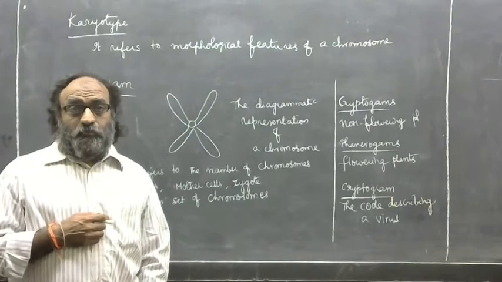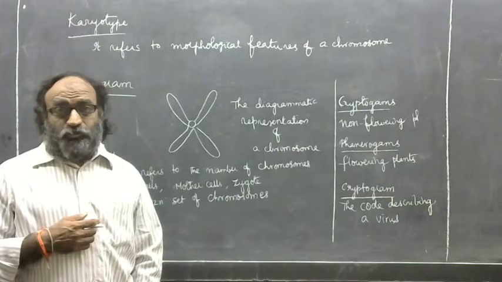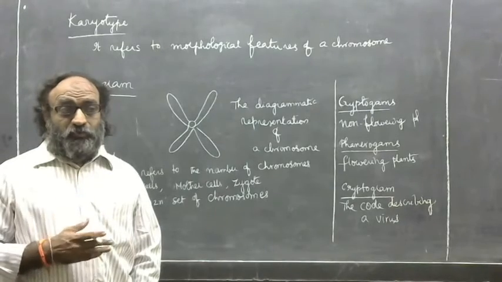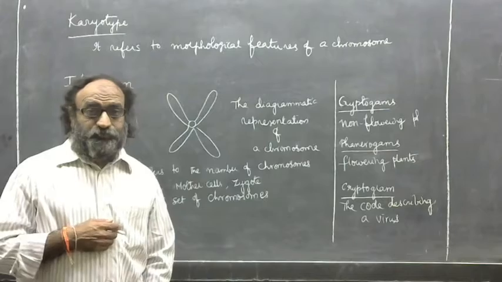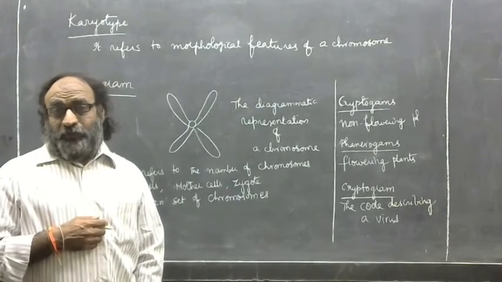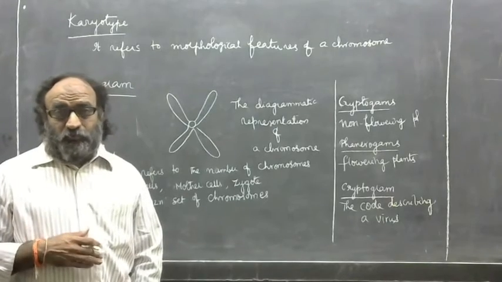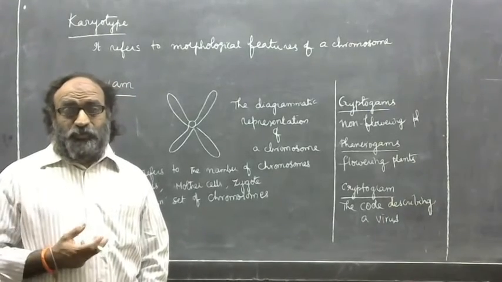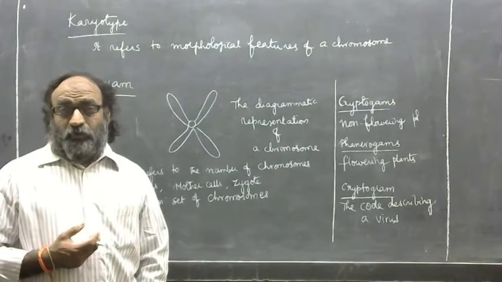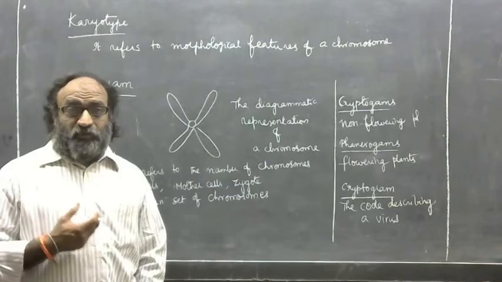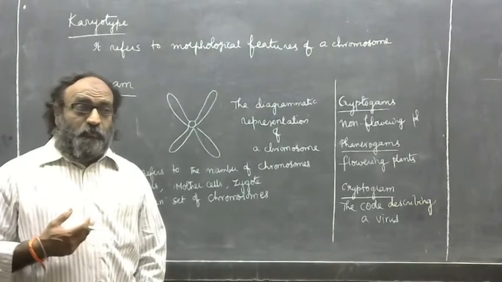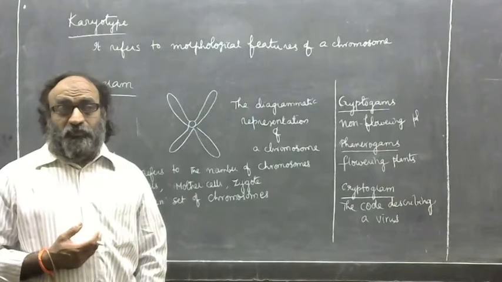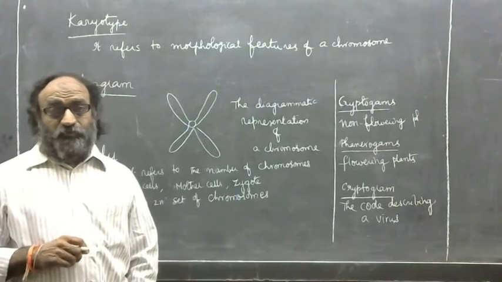When Drosophila, which is also called the fruit fly, has 8 chromosomes, it is a 2n set of chromosomes. When the garden pea plant has 14 chromosomes, it is a 2n set of chromosomes. I have given only a few examples. The number of chromosomes in the somatic cell, sperm mother cell, ovum mother cell or the zygote of a human being is 46, that is a 2n set of chromosomes.